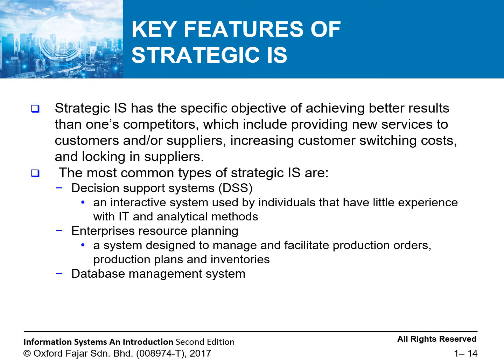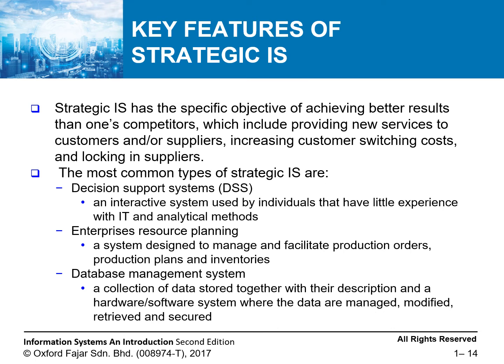And the last one is the database management system, a collection of data stored together with their description and a hardware or software system where the data is managed, modified, retrieved, and secured.